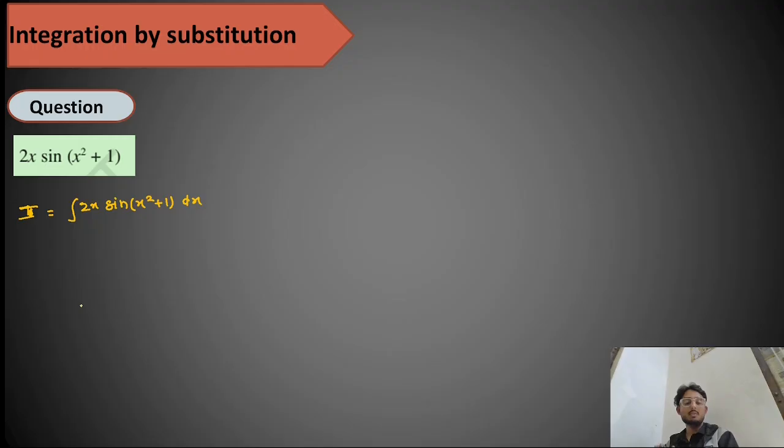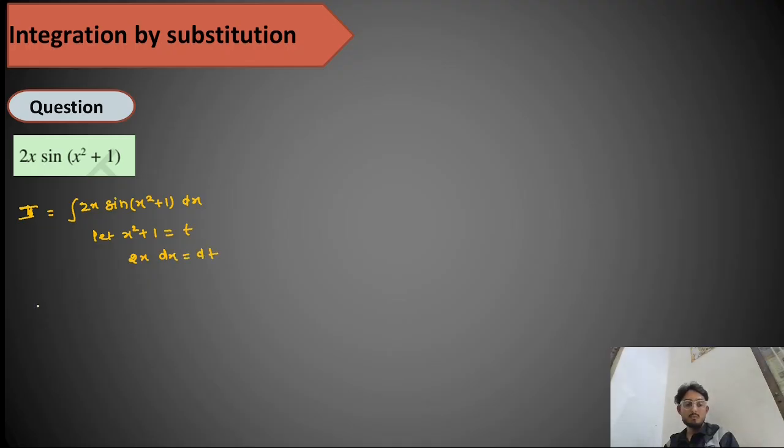For substitution, let x square plus 1 equal to t. When you differentiate this term, differentiation of x square equal to 2x, differentiation of 1 equal to 0, so 2x dx equal to dt.